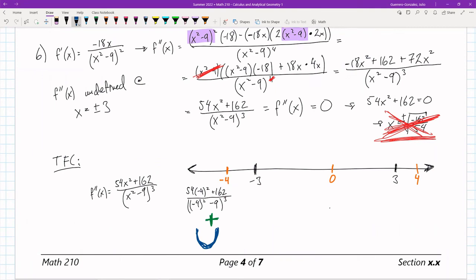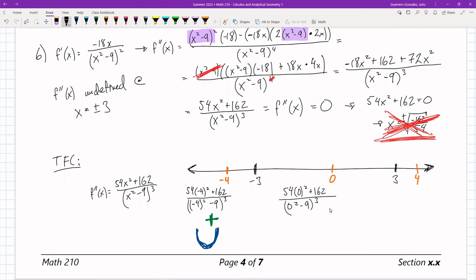Okay, let's do 0 now. So 54 times 0 squared plus 162 all over 0 squared minus 9 cubed. 0 squared is 0 times 0.